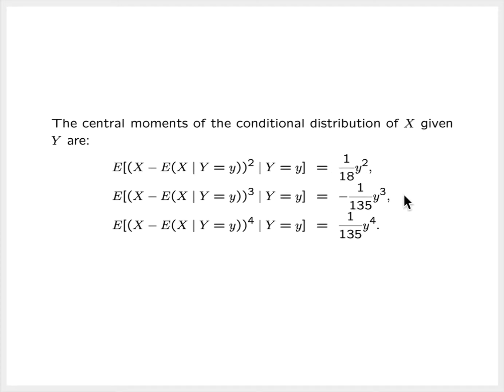The third central moment is negative 1 over 135 times y cubed. That's the numerator in the skewness coefficient. And then the fourth central moment is equal to 1 over 135 times y to the fourth. And again, that is the numerator for the kurtosis coefficient.